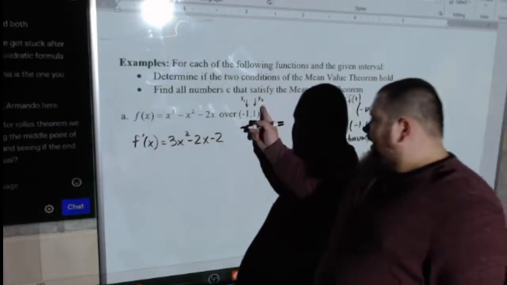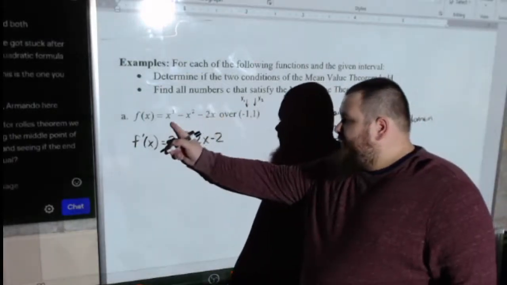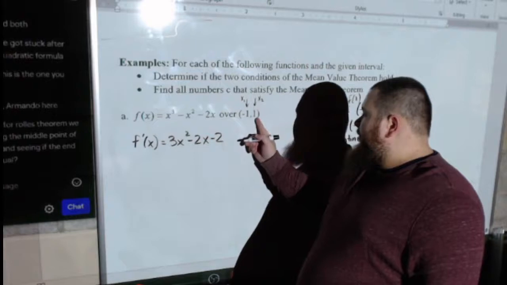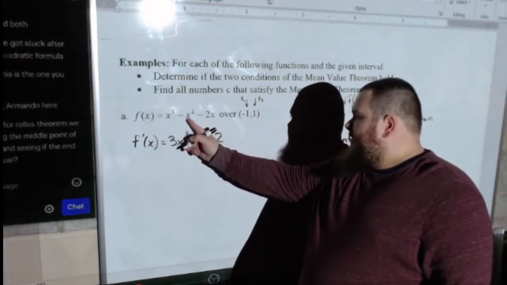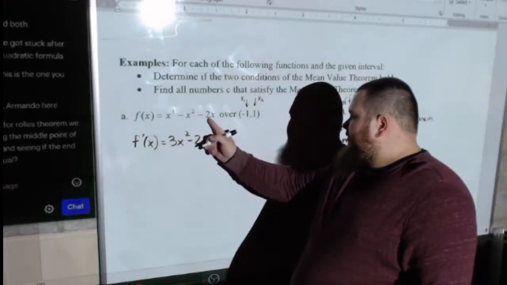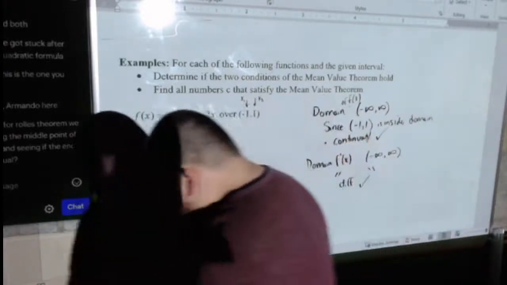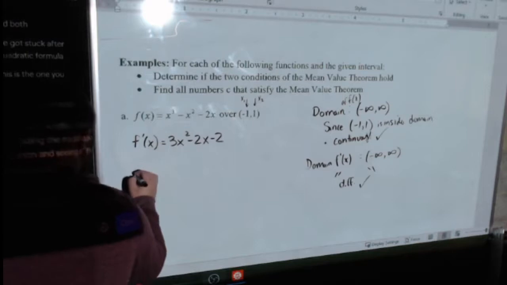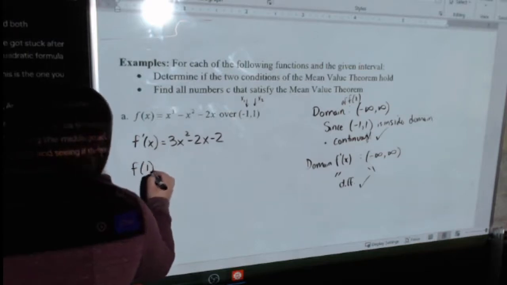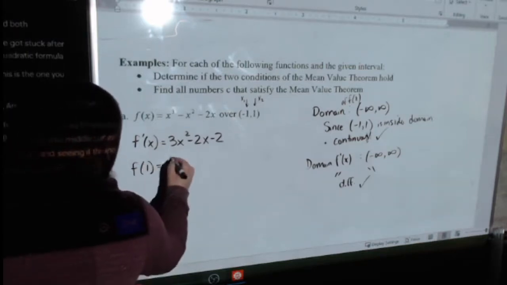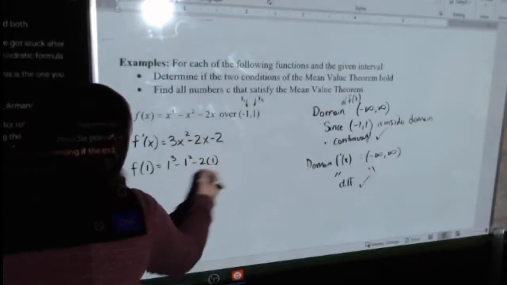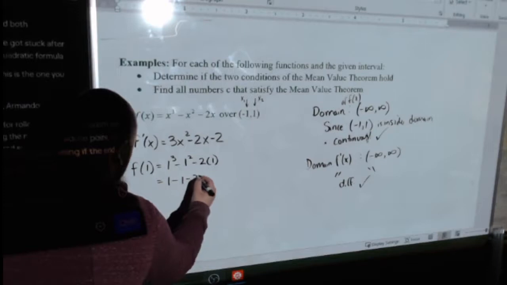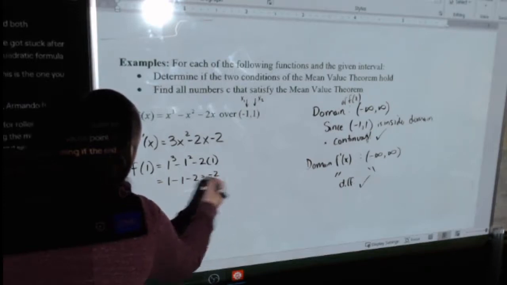So we need to take these and plug them into the original. So what happens if we plug 1 in? Well, we get 1 cubed minus 1 squared minus 2 times 1. So f of 1 is going to be 1 minus 2, or minus 2.